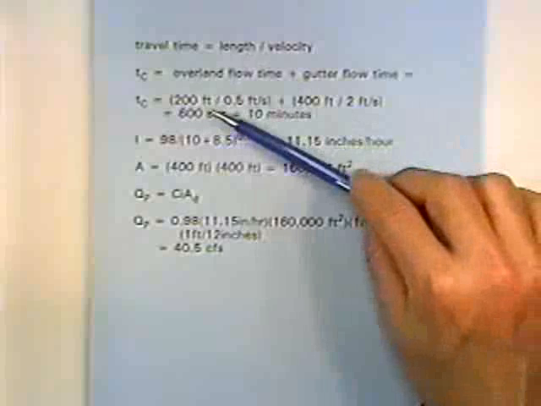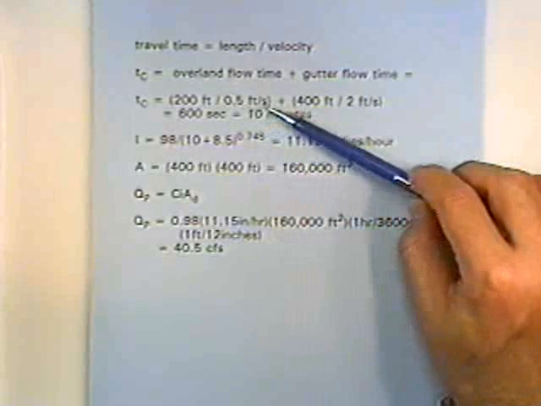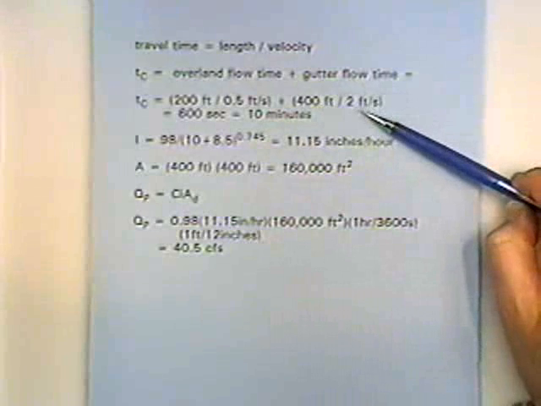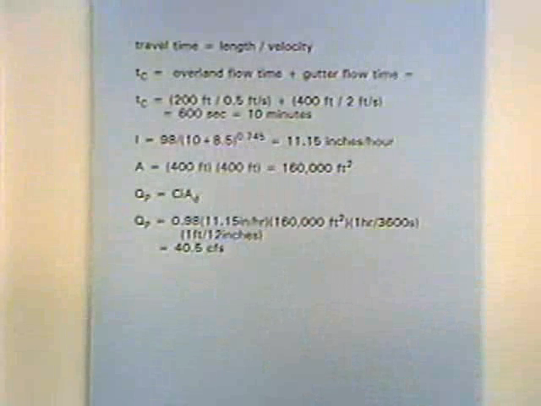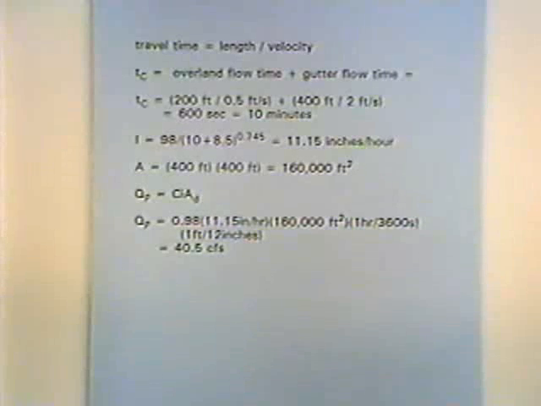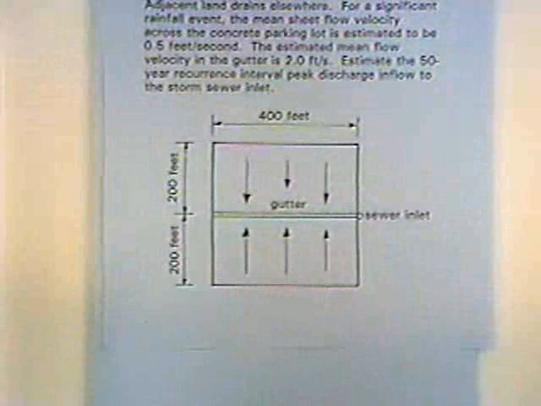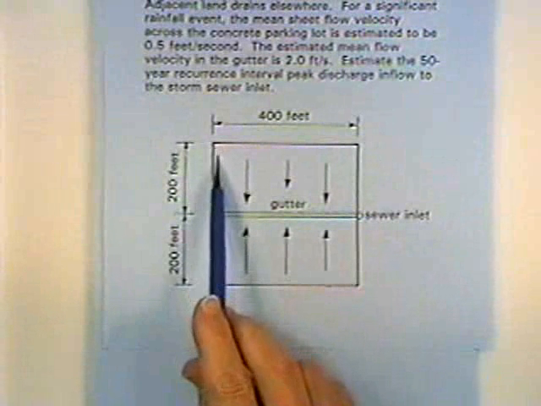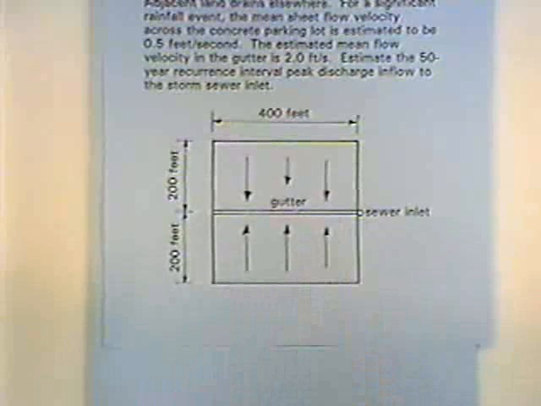It flows 200 feet across the pavement at a velocity of a half a foot per second, and then the water flows 400 feet in the gutter at a velocity of 2 feet per second. So it takes 10 minutes for water to get from the most hydraulically remote point in the watershed. By definition, the time of concentration is the time for water to flow from the most hydraulically remote point in the watershed, that corner, down to the storm inlet. That's 10 minutes.